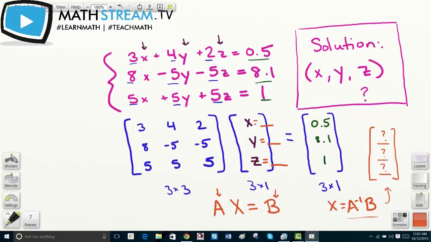You put the variables in the variable matrix, which we call x, because those are our mystery numbers we're looking for. And then you put all your constant terms in this last b equation that we call the constant matrix, because we take the constant terms from the right of the equation. And when you solve it with your calculator, it will spit out those three numbers, and that will represent the location in three-dimensional space where these three planes intersect.